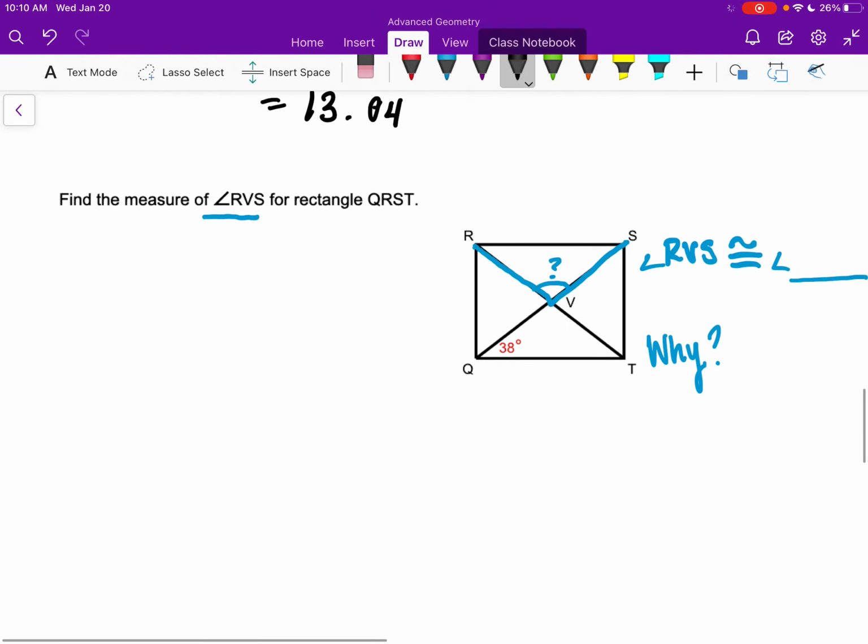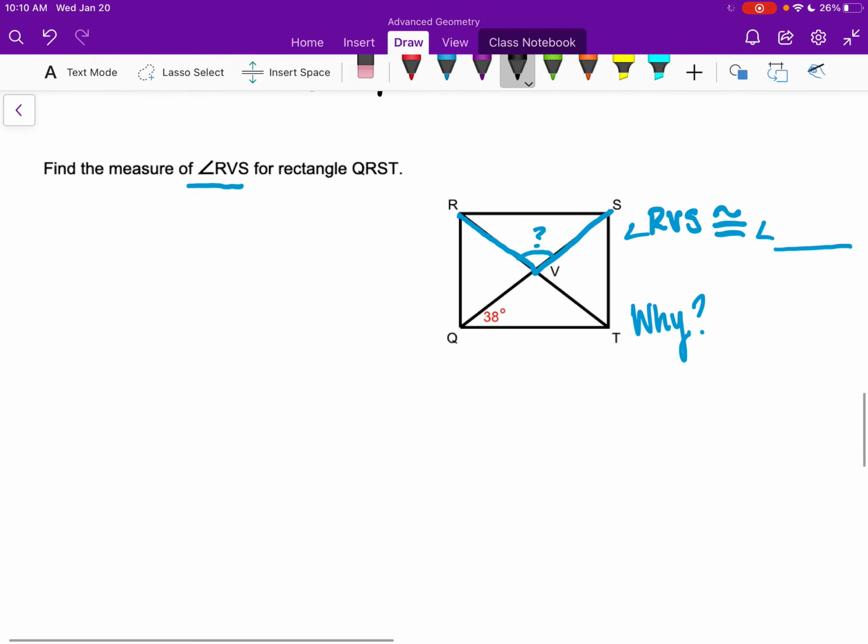Last problem. Let's look at this rectangle, and we want to find the measure of our blue unknown angle, RVS, for rectangle QRST. Pay attention and let's see what we know. They tell us one solid thing: that angle VQT is 38 degrees.